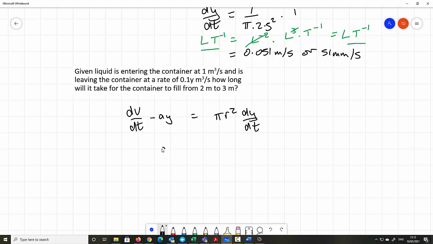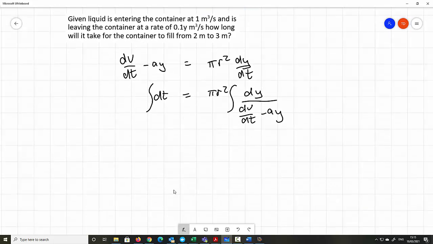We're going to get dt is equal to pi r squared, that's all constant, times the integral of dy over dv by dt minus ay. We're going to integrate both sides.